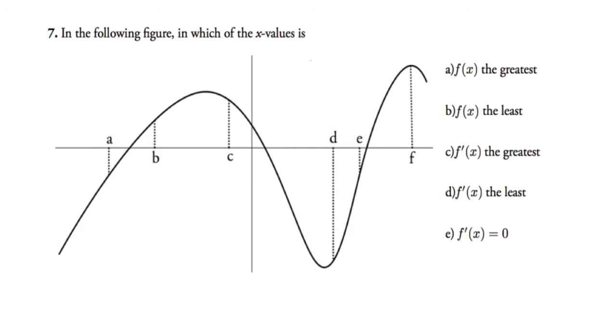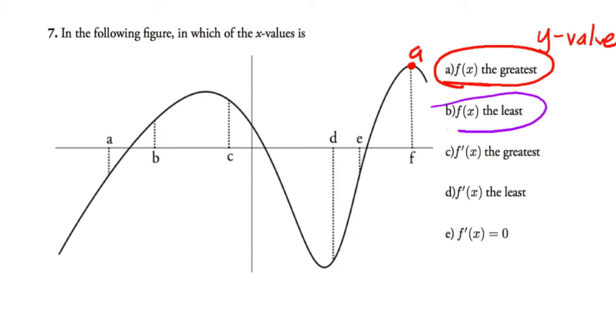Okay, so we want to first find which one of the x values, where is f of x the greatest. So when we're looking at f of x, that means we're looking at the y values. So this is asking, okay, where is the y value the greatest? Well, that would be right here. This would be A.